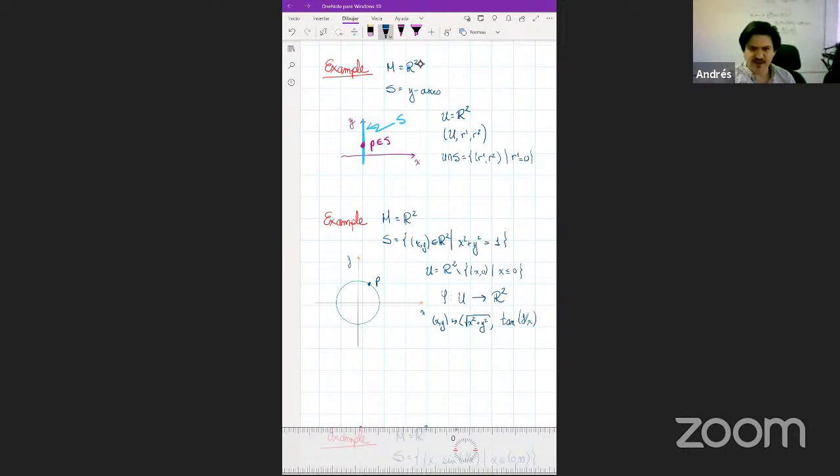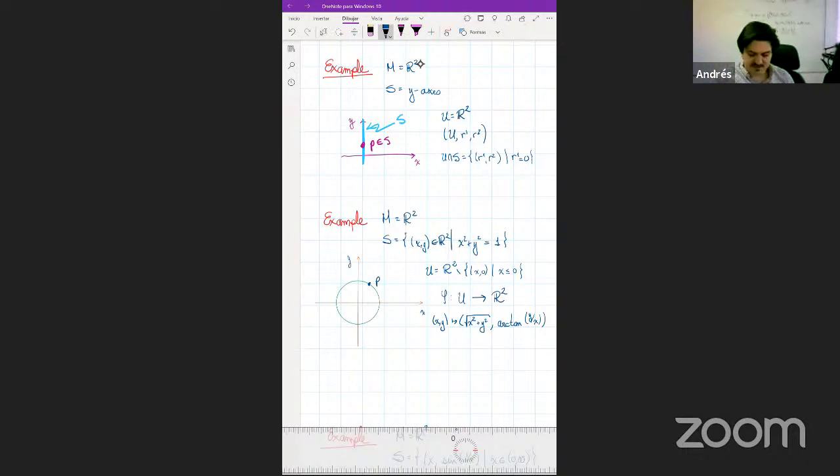Arctangent of y over x or x over y? Y over x. So we need to make U smaller.